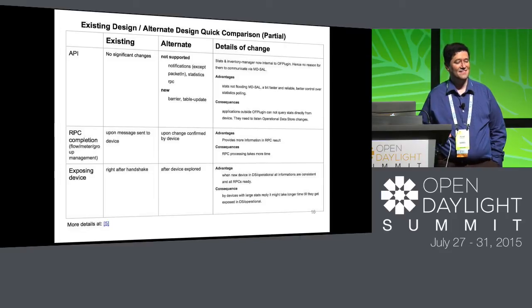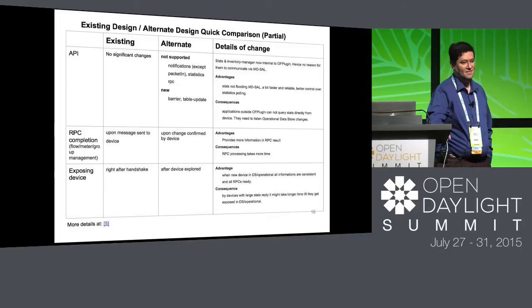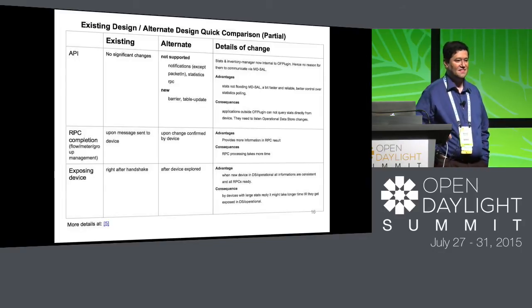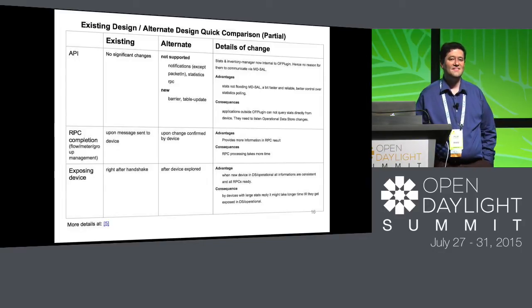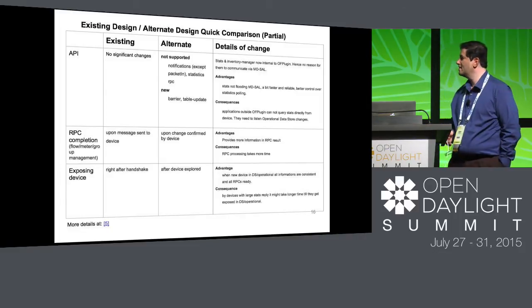You just change your features from UI to LI and it should be good, because as far as you are consuming data store, I don't see any major hurdles you will face there. But because of some design choices we made, we need to disable some of the statistics manager related RPCs and notifications. So if somebody is directly consuming those, they have to move to data store, to get the change notification from a data store and make things work. So that's where they might have to do some work.